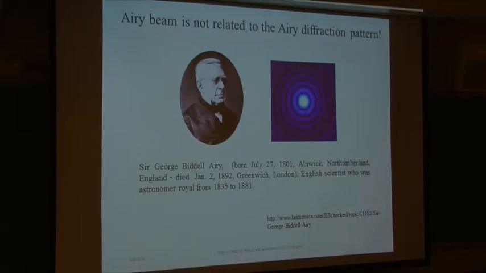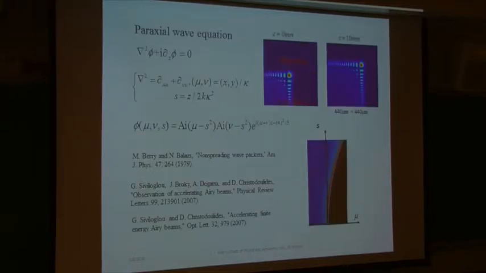We know that in optics, it's quite famous that when you have a small aperture, a telescope, a microscope, and your eyes are always a circular aperture, the diffraction pattern of this circular aperture is the Airy pattern. It's quite famous in optics, and we already understand all those Airy patterns. But the Airy beam is not related to this Airy pattern. It's totally different. The Airy beam looks like this.